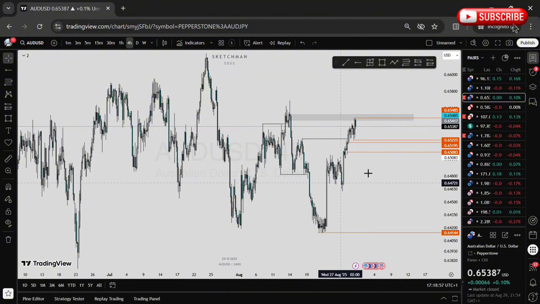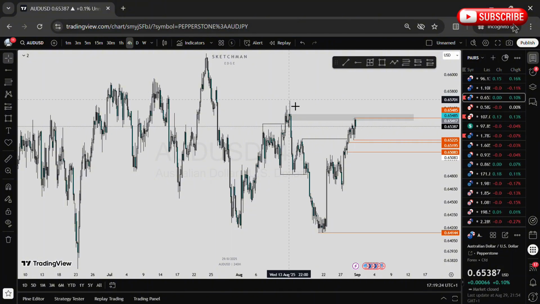But basically this AUD USD, looking for the sell setup from this POI. This was the initial POI but I was not very confident, because when you have an edge around a specific model, you would know how to take the trade precisely. If I had taken the trade from this POI, I would have been floating in loss right now.